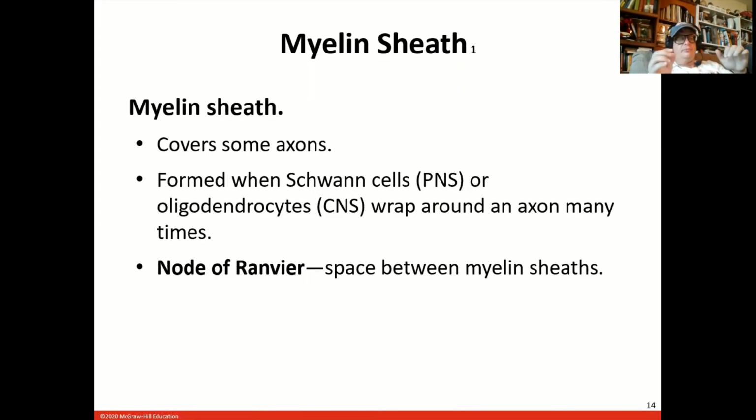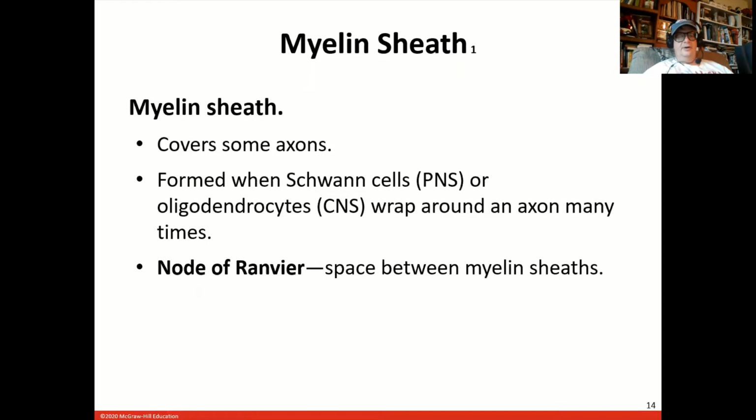If you're sending a signal down the nerve, it's faster to skip from node to node to node than it is to open channels down the whole length. So saltatory conduction, where the conduction goes node to node to node, is faster than normal conduction.